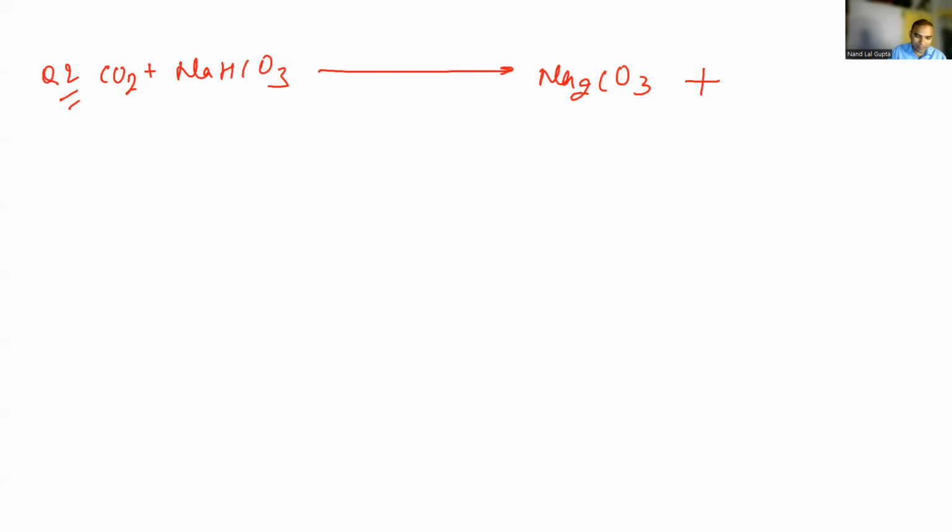First of all, we need to know what the balanced equation is, and which side we need to add what. Then only the problem can be solvable. So NaHCO3, baking soda.